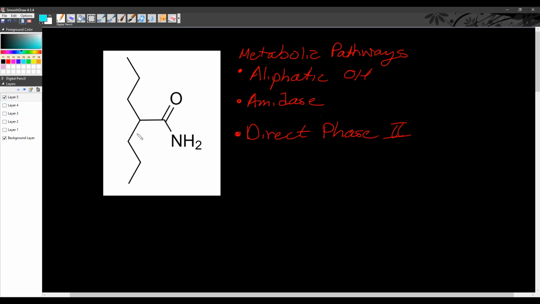Amidase requires that this nitrogen have at least some sort of carbon chain coming off of it. Amidase is not able to work on amides where that nitrogen does not have any carbon coming off of it. It does not operate very well.